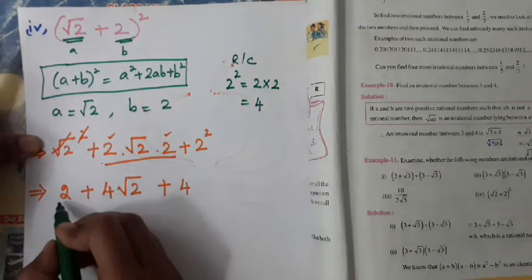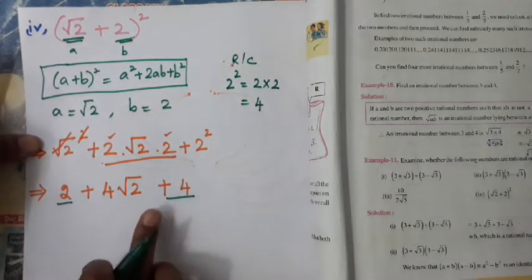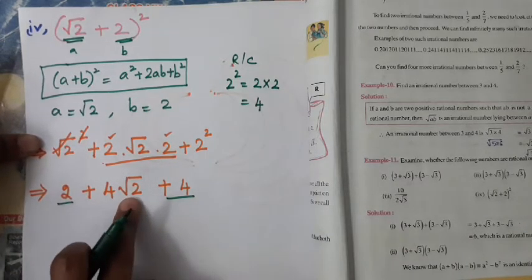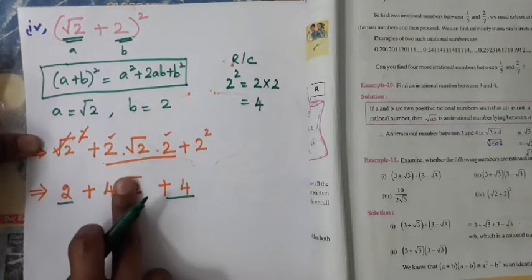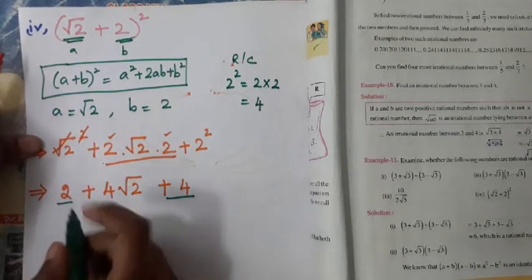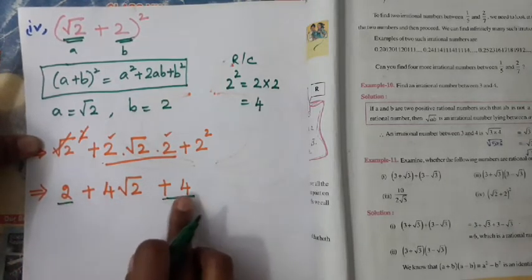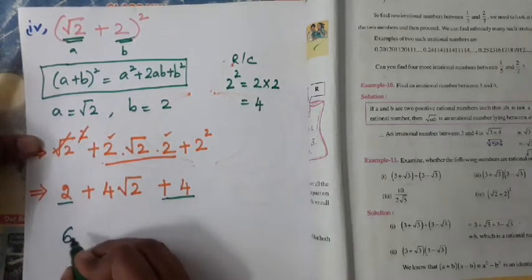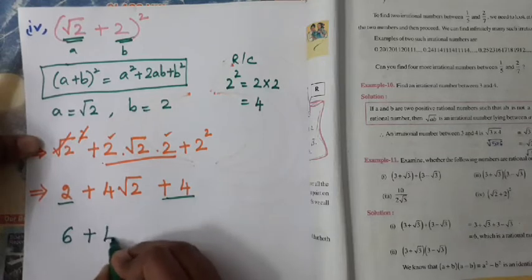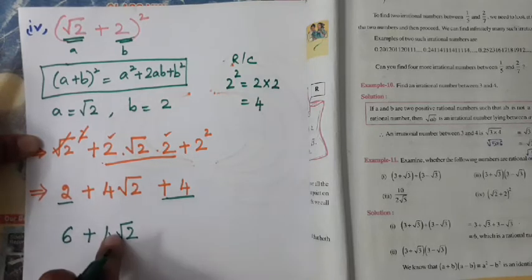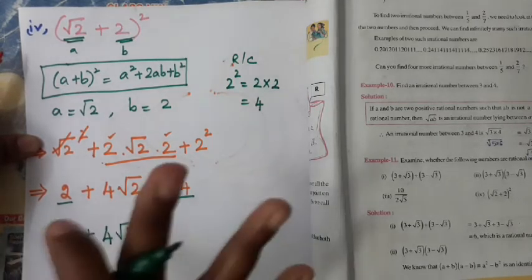Now this and these are numbers, so we can add them. We should not add this 4 because it has root 2 along with it, so we keep this as it is. 2 and 4 we have to add. 2 plus 4 is nothing but 6, plus 4 root 2 as it is, because it has root 2, that's why we should not add. 6 plus 4 is 10, writing 10 root 2 is wrong.